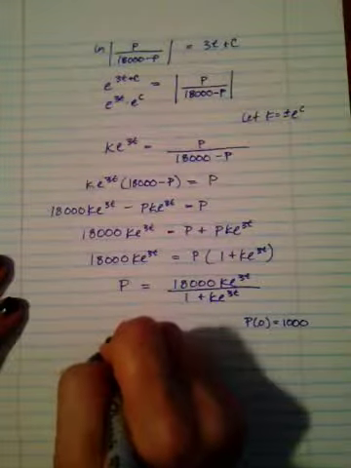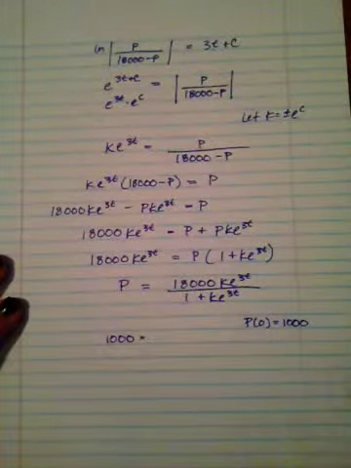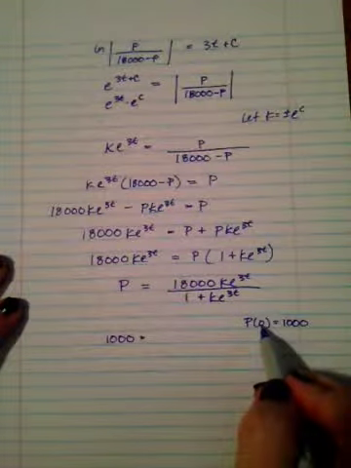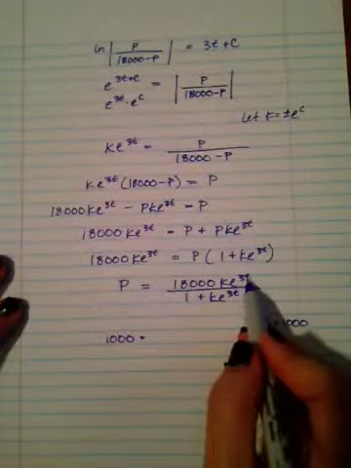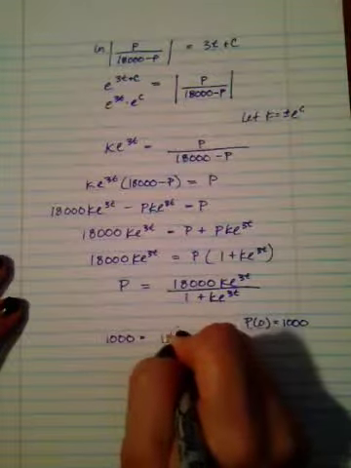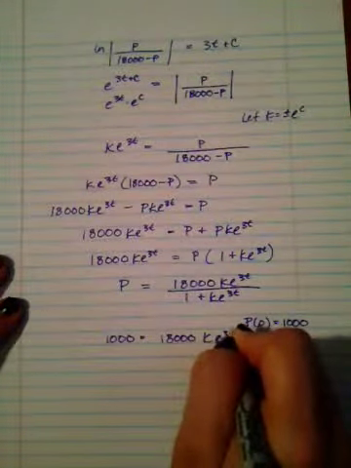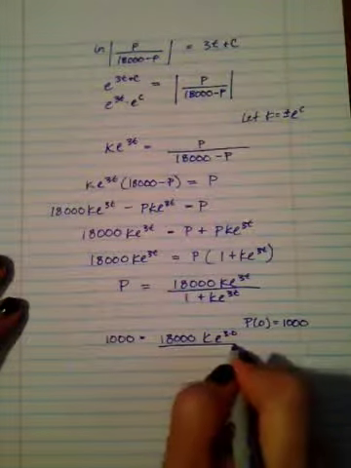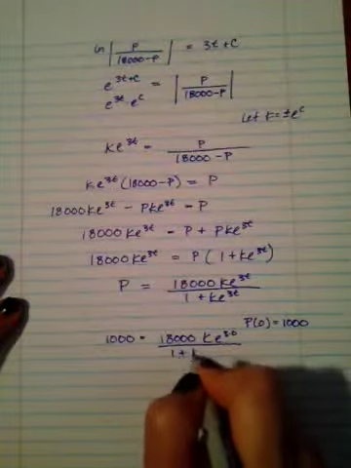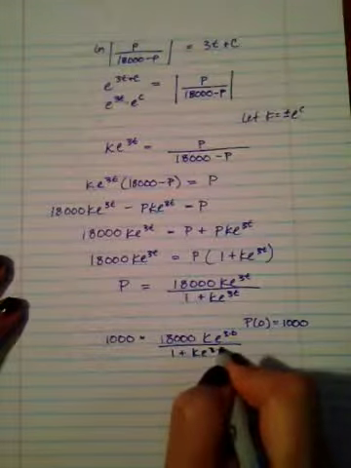So I would say 1,000 equals, and then the 0 goes into my t, so 18,000 k e to the 3 times 0 over 1 plus k e to the 3 times 0.